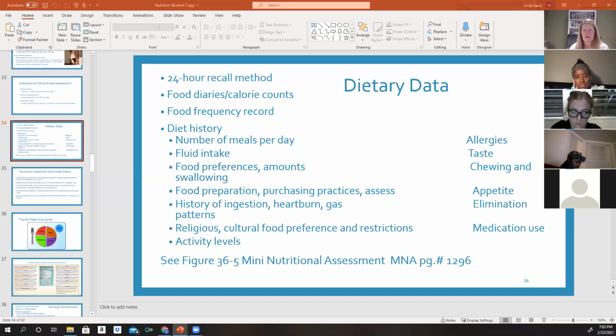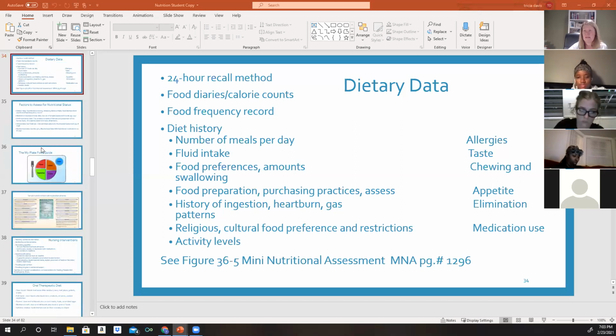We want to be able to really evaluate their nutritional requirements. So we have to know their food choices, so that way we can better tailor their education plans. If you look in your book on page 1296, there's a mini nutritional assessment. You guys can look at that.